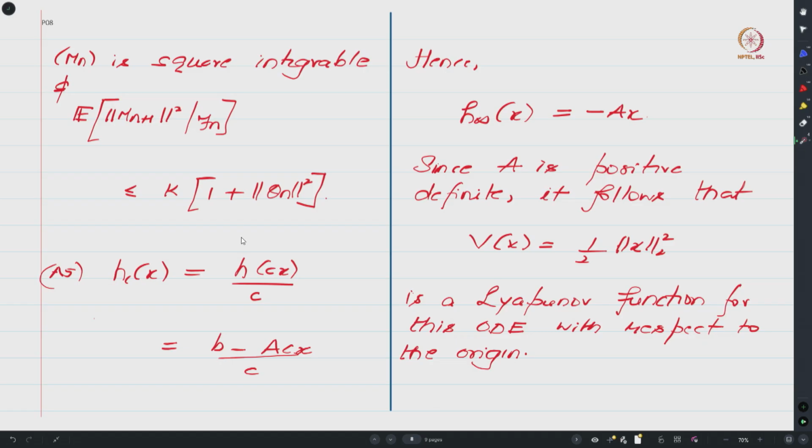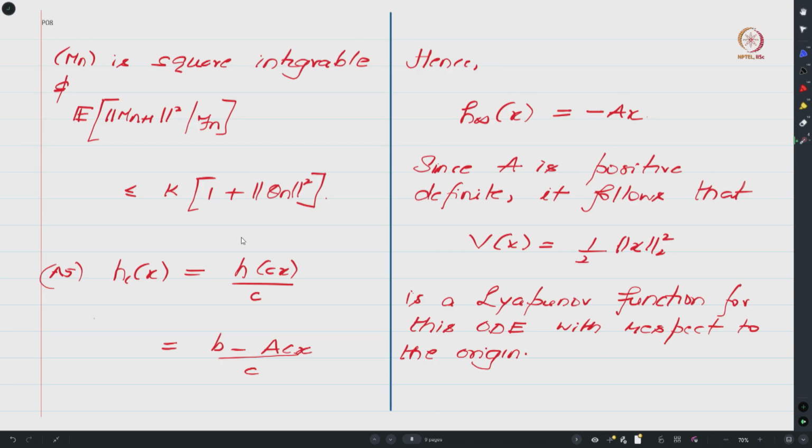Now what we need to verify is that the iterates are almost surely bounded, and towards that, if you remember, we had looked at a sufficient condition which involves looking at the scaled ODE and showing that the origin is the globally asymptotically stable equilibrium of the scaled ODE.